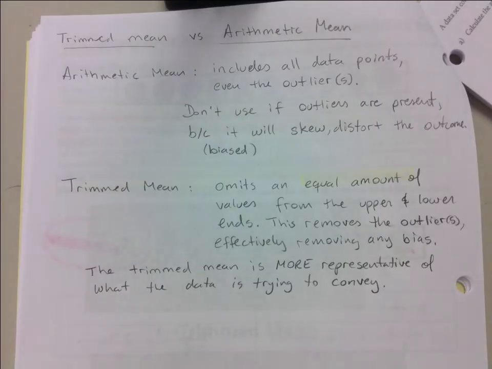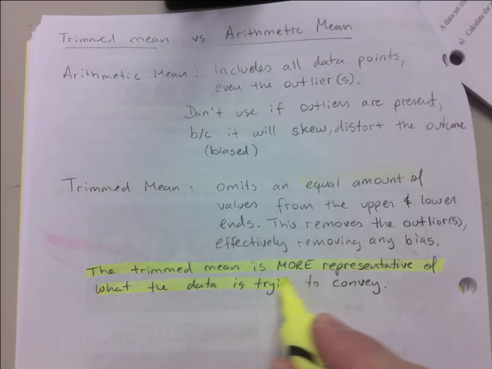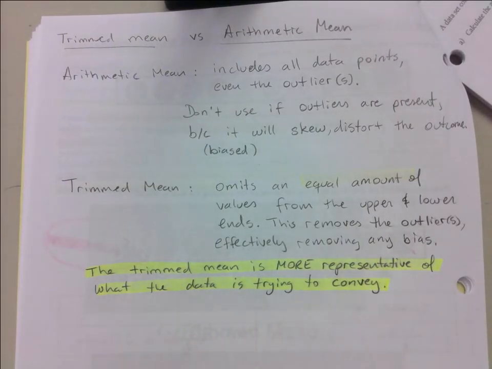I'm going to highlight that last one. So outliers affect the, remember the MCTs, the measures of central tendency, there's the mean, median, mode. The mean is most affected by outliers, okay? Therefore, trimming it will fix that problem.